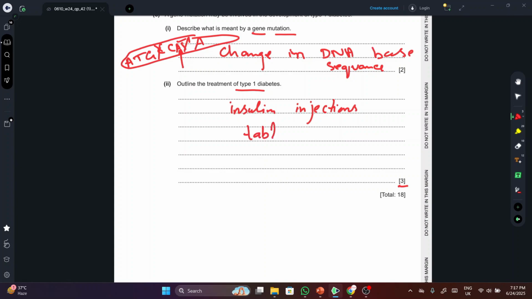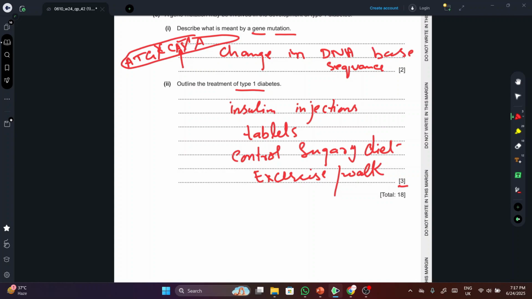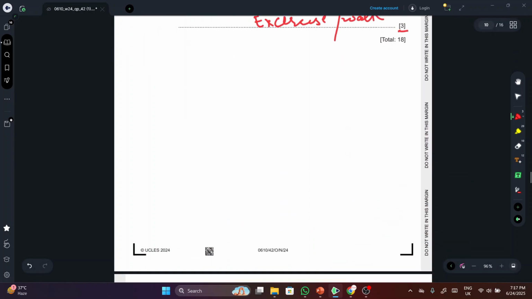You can take tablets and control your sugar, avoid sugary food or a sugary diet. If anyone controls the diet, and also does some exercise or walk, these are the options by which a person can control their blood sugar level, which is type 2 diabetes.